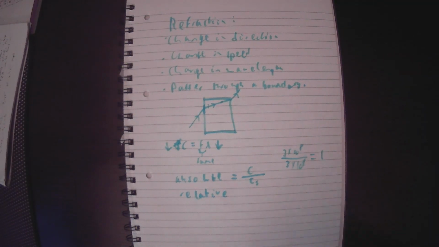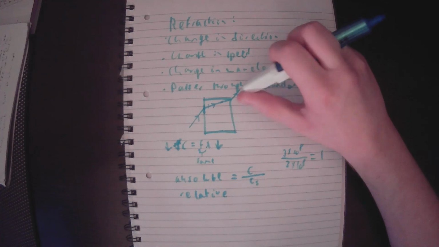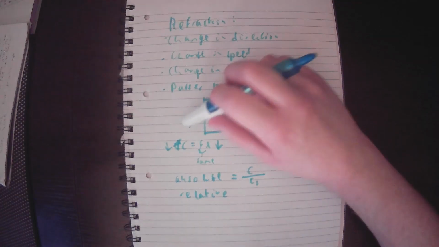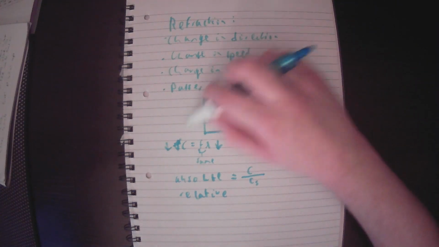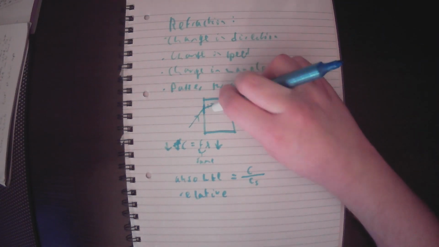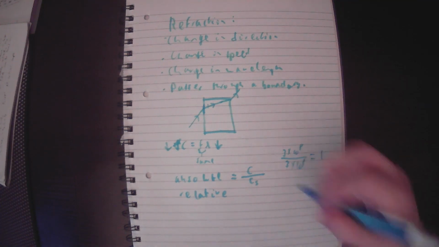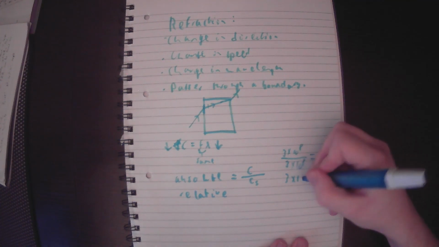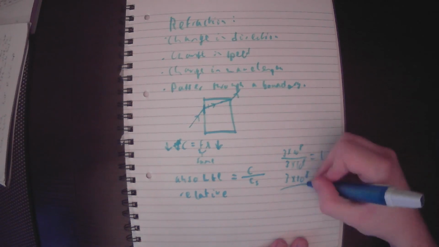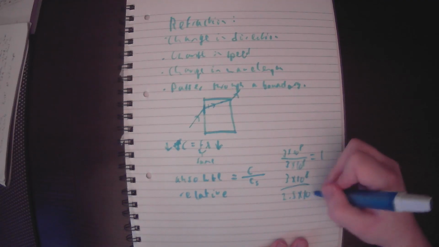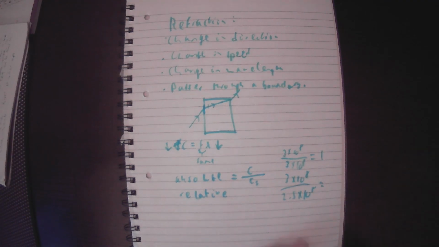So, if the speed of light in the air is 3 times 10 to the 8, and then we say it slows down to about 2.5 times 10 to the 8, we're just going to do 3 times 10 to the 8 over 2.5 times 10 to the 8, and that's going to land us about 1.2.